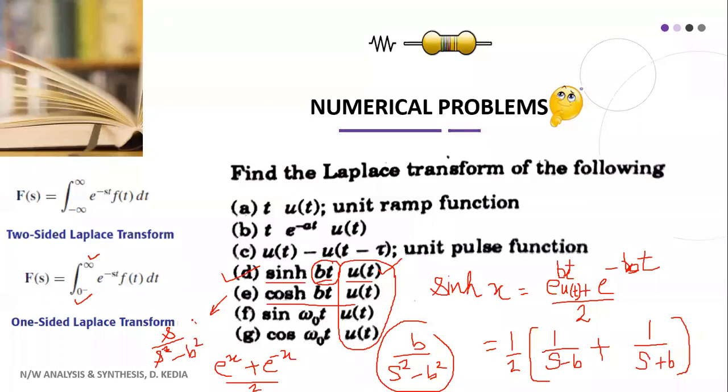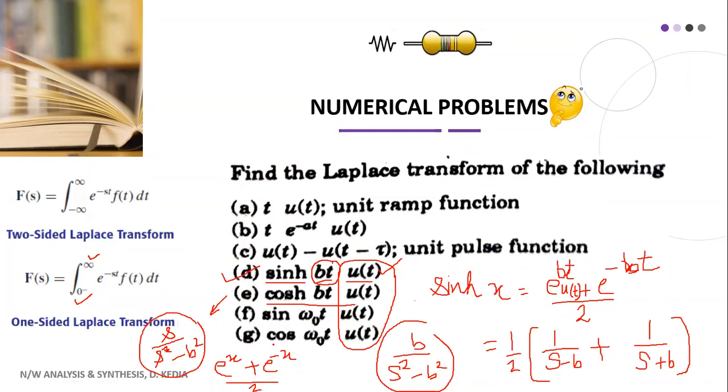That is, the Laplace transform of cos hyperbolic bt will be nothing but s by s square minus b square. I hope everything is clear up to this point.